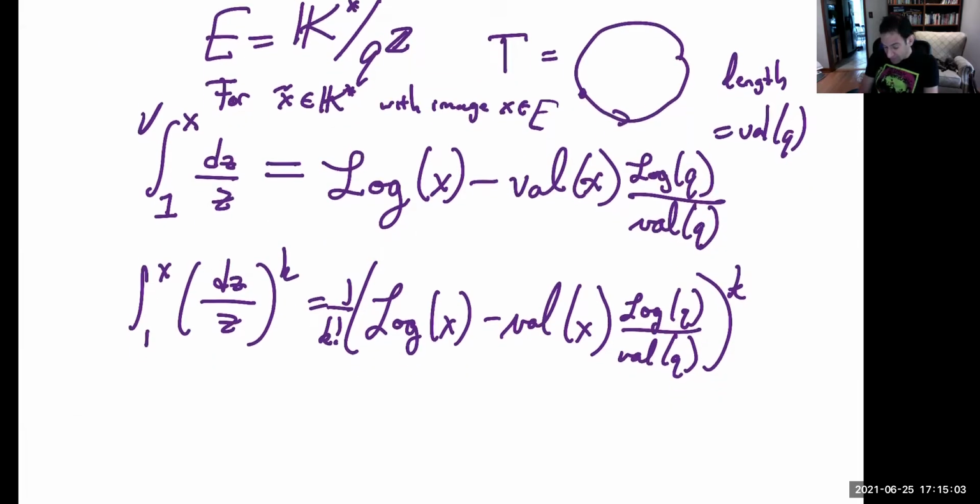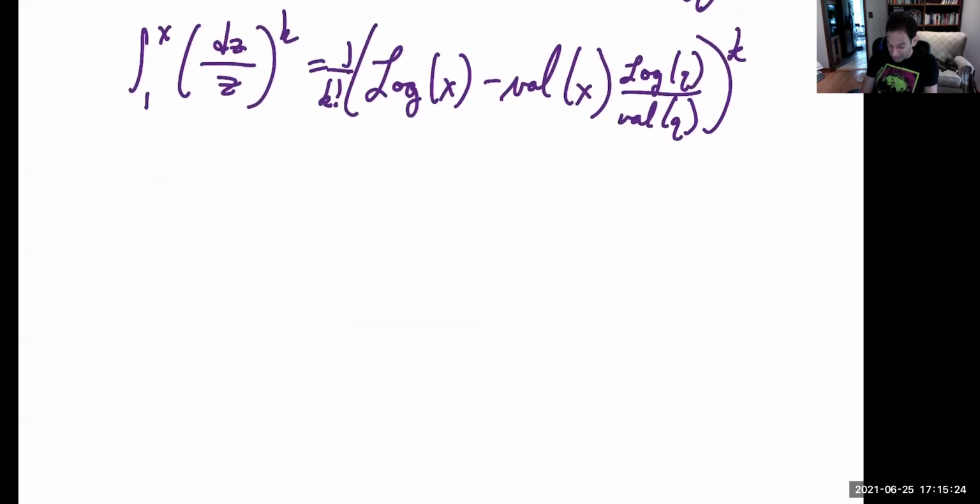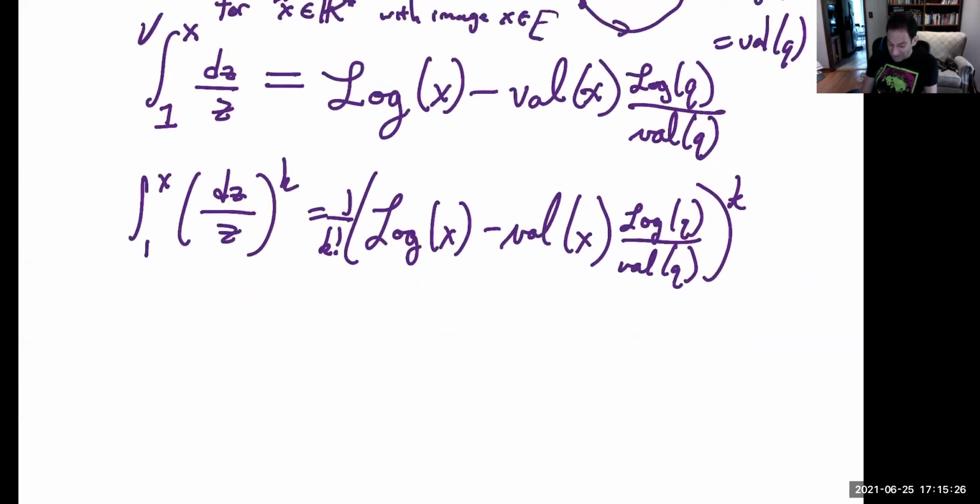And then if I want to do an iterated integral, it's going to be 1 over k factorial times this to the kth power. And you can prove this using a symmetrization formula relating iterated integrals to single integrals. You could probably also try writing down the canonical path. I'd have to stare at this for a while to write down what the canonical path happens to be on the Tate curve.